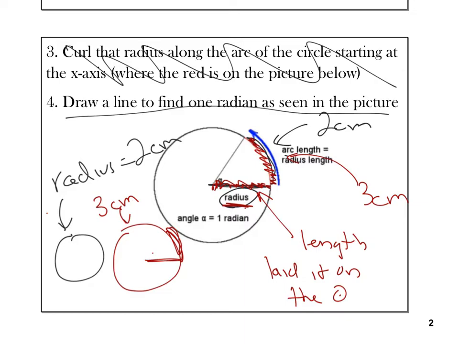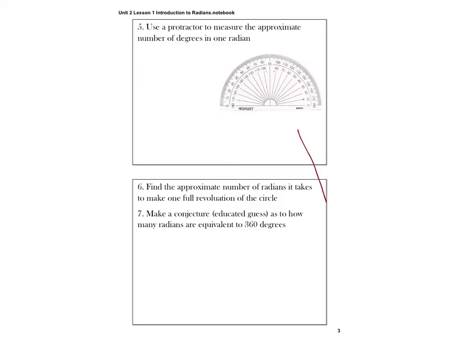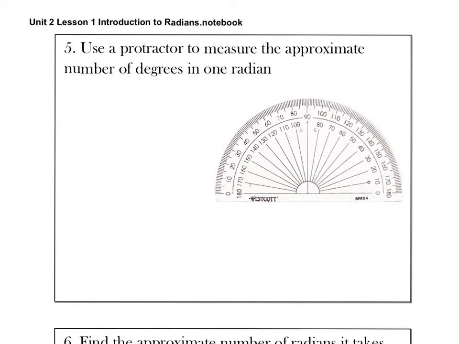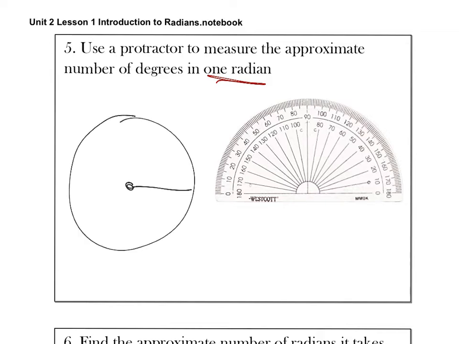Okay, so what's the punchline? Why are we doing that? If you take 1 radian, just imagine that you've got your circle, you've got your radius. You've got this length, R. Then I pick it up and lay this length, R, on the circle.